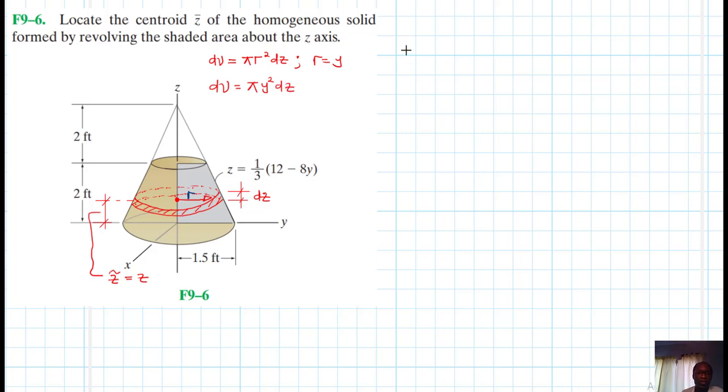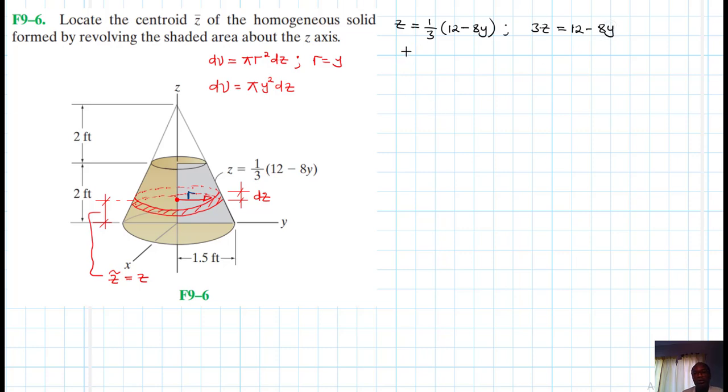Alright, so let's write this in terms of z. So we know that z is just equal to 1 over 3 times 12 minus 8y. Then this gives us 3z is equal to 12 minus 8y.